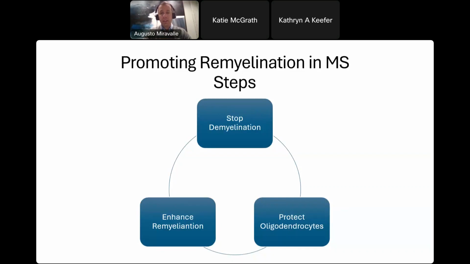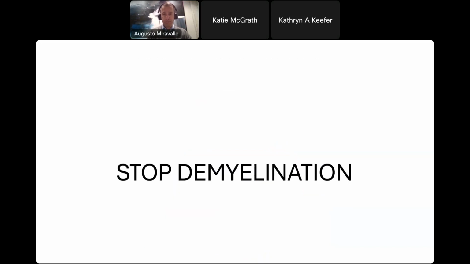The other is to protect the cells that are going to create more myelin. And the third step is to induce myelination or remyelination. All three steps have to be met in order for myelin to be reproduced.